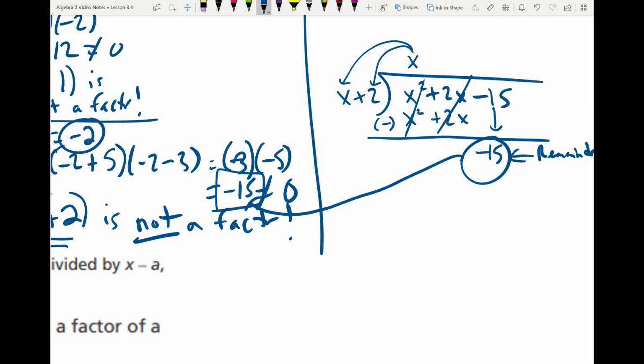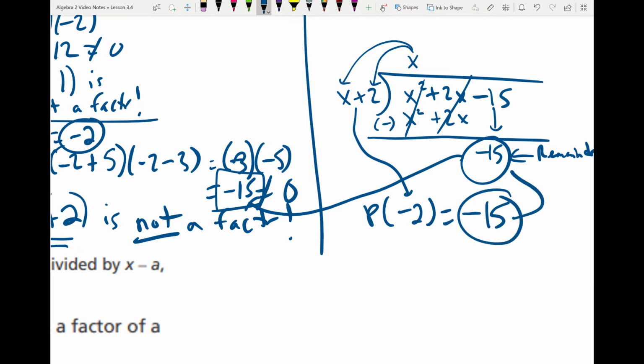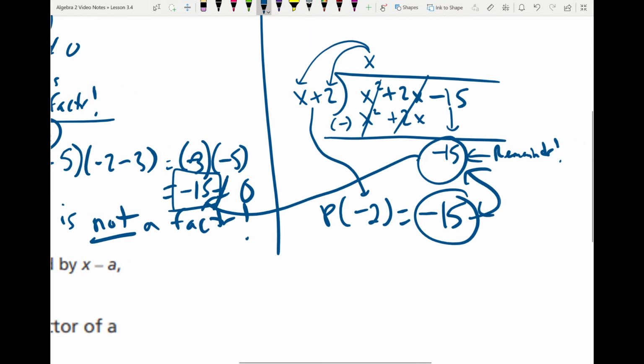So when we plugged in negative 2, we got the same number that we get when we divide. So this is part of a theorem, or two theorems that we'll talk about. So when you divide and get a remainder, that's the same thing as plugging in the number related to that divisor. So the number related to this divisor here, x plus 2, is negative 2.